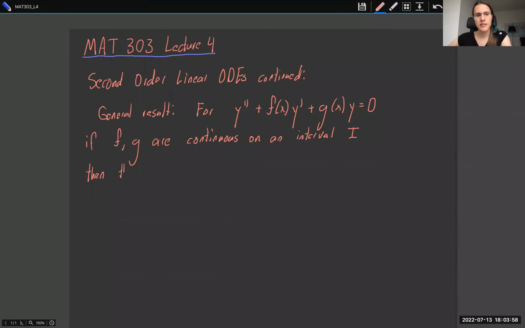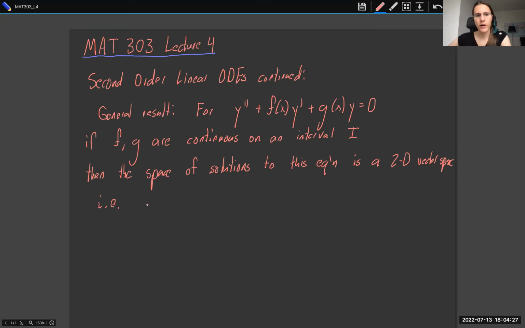So if f and g are continuous on an interval I, then the space of solutions to this equation is a two-dimensional vector space. What does this mean?